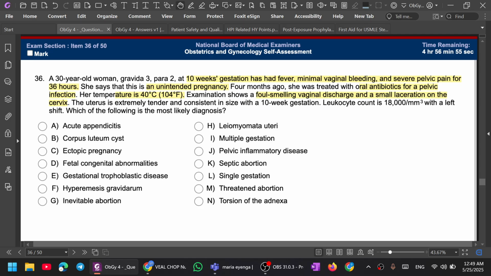The uterus is extremely tender and consistent in size with 10 weeks of gestation. Leukocyte count is 18,000 with left shift. Which of the following is the most likely diagnosis?